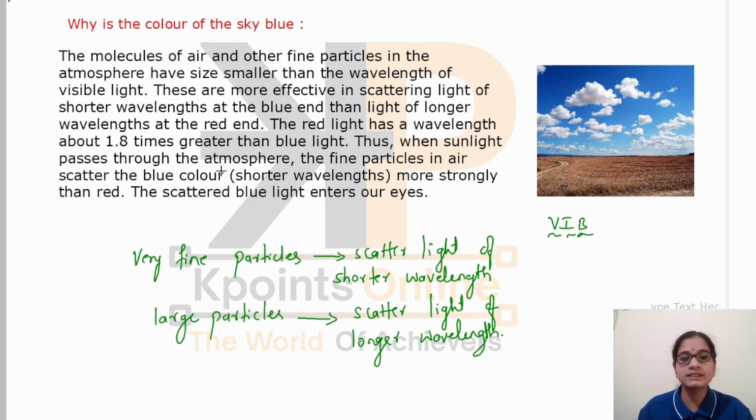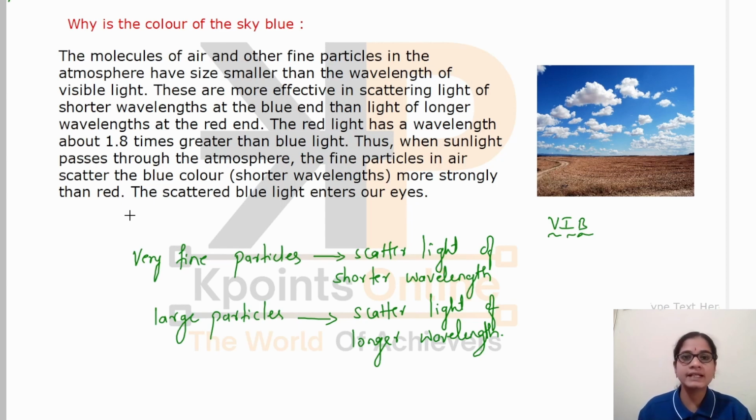Thus, when sunlight passes through the atmosphere, the fine particles in air scatter the blue color, which is of shorter wavelength, more strongly than red, because of which this scattered blue light reaches our eyes and the sky appears blue. Here the question may arise, what happens if there is no atmosphere? Then the sky will appear black.